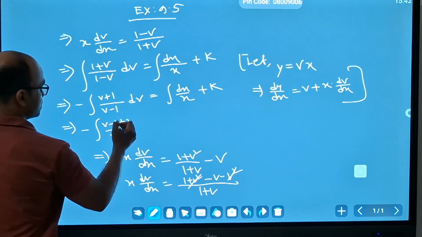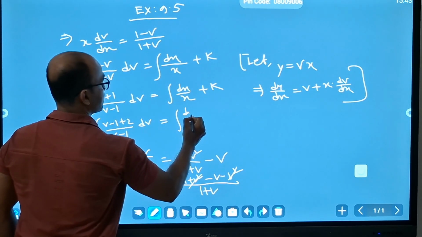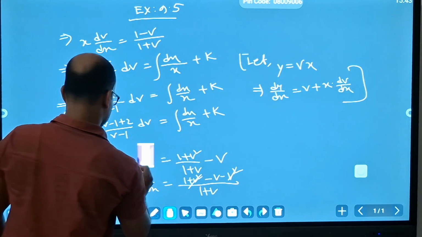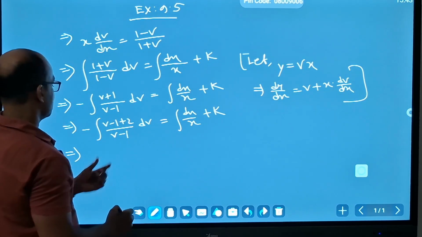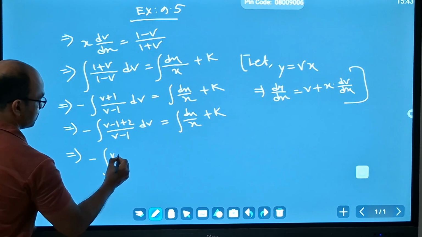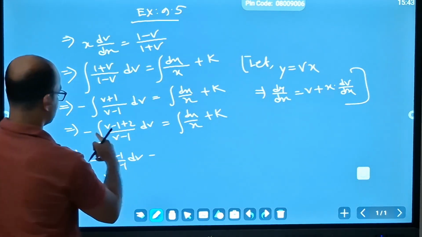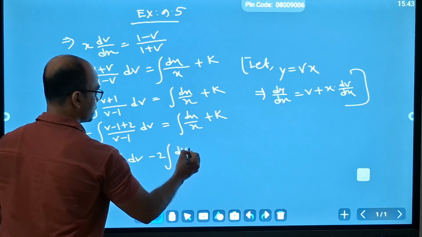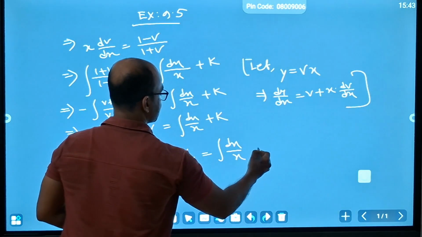So we adjust the numerator. Now separate this fraction: (v minus 1) by (v minus 1) dv plus 2 by (v minus 1). So 2 is a constant, so we can write dv by (v minus 1) equals dx by x plus k.